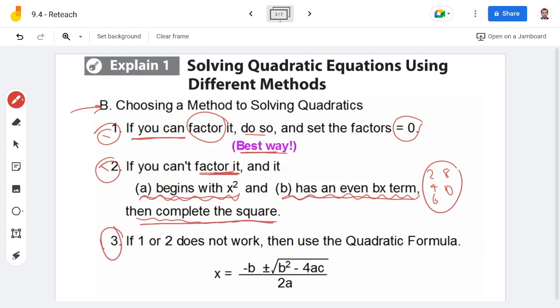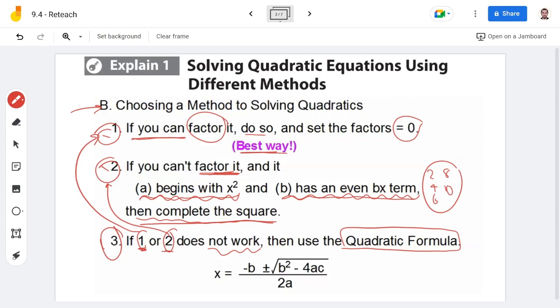Now number three: if 1 or 2 does not work, meaning point 1 and point 2, if these two do not work, then use the quadratic formula. So do you see now that the quadratic formula should be the last step, the last thing when your brain is closed? So if you can't factor, try to complete the square. If you can't complete the square, try to use the quadratic formula.